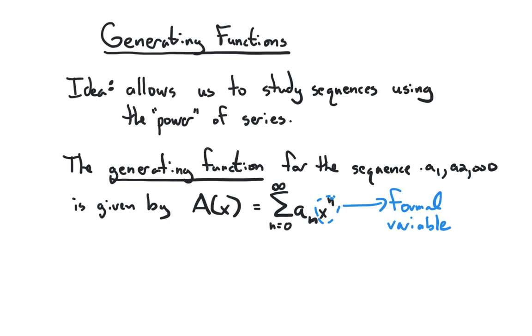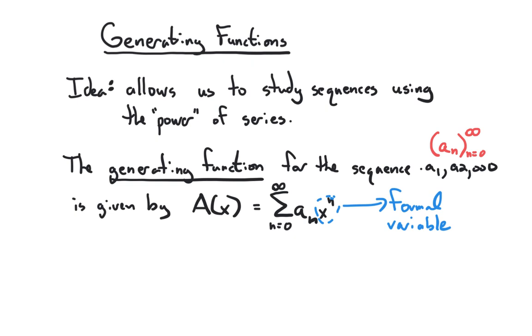So the generating function of a sequence, and we'll say the sequence A1, A2, all the way to A infinity, if you will. And we may denote this, rather than writing it as a list with commas, you might see something like this, A_n, where n goes from 0 to infinity.